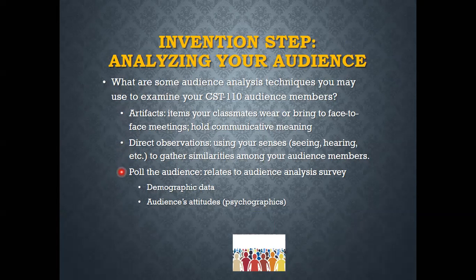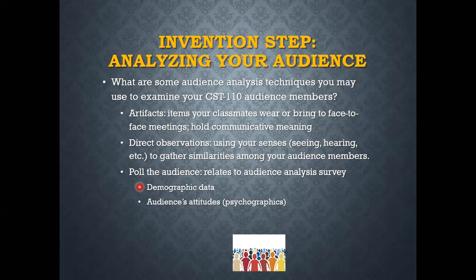The final way you can go ahead and analyze your audience is by polling them, and this relates to the audience analysis survey that you will complete this week. In that survey, you will find demographic data, which refers to characteristics or categories for our audience members. This will include questions on our income level, the year that we are in at NOVA, our age group, our ethnicity, or our political affiliation.